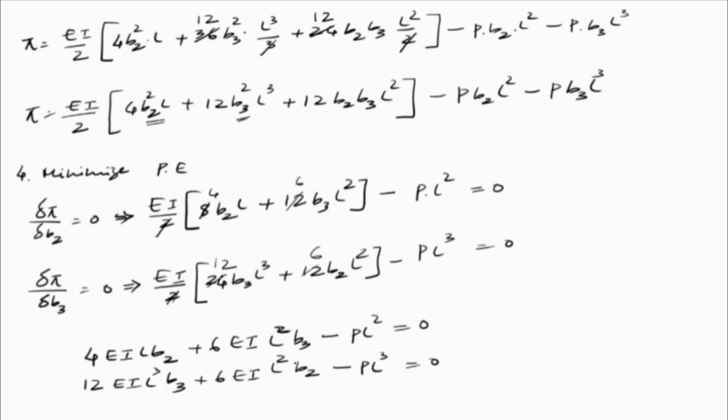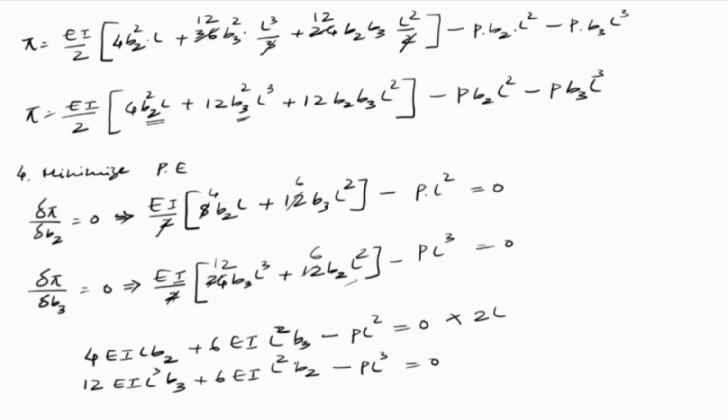Now, I need to solve these two equations as a simultaneous equation. But here, some of the terms I need to cancel. Suppose if I want to cancel this, so what I need to do, if you multiply this first equation with 2L, now your purpose will be served. I'll tell you. So this equation I'll multiply with 2L. If I multiply with 2L, what I am going to get?